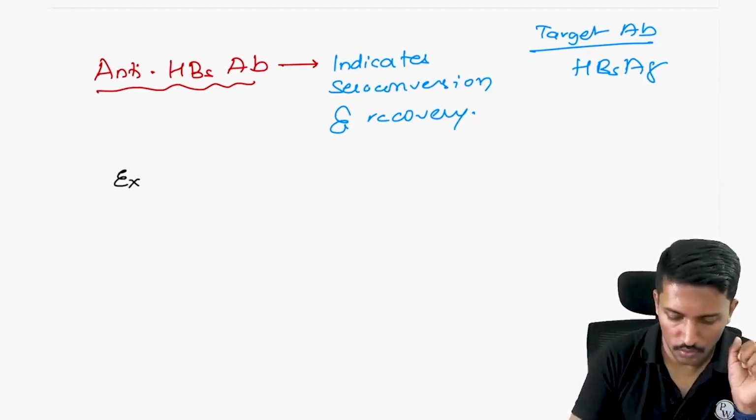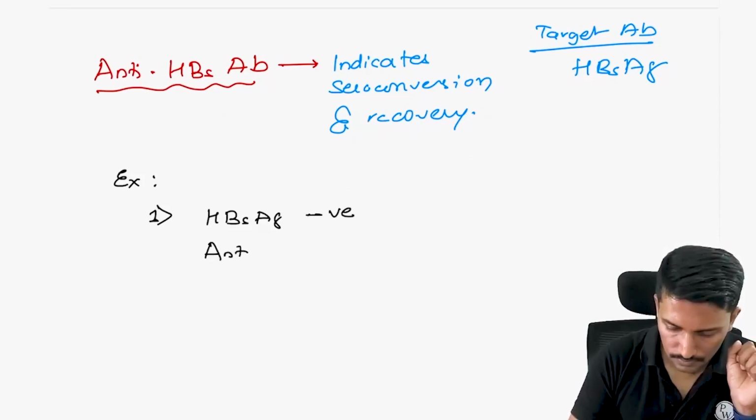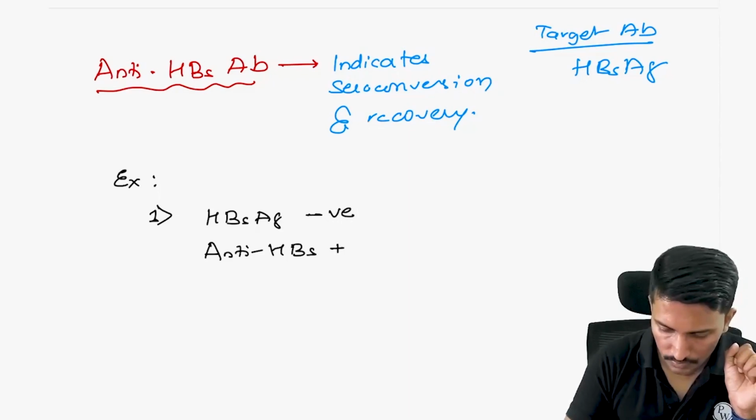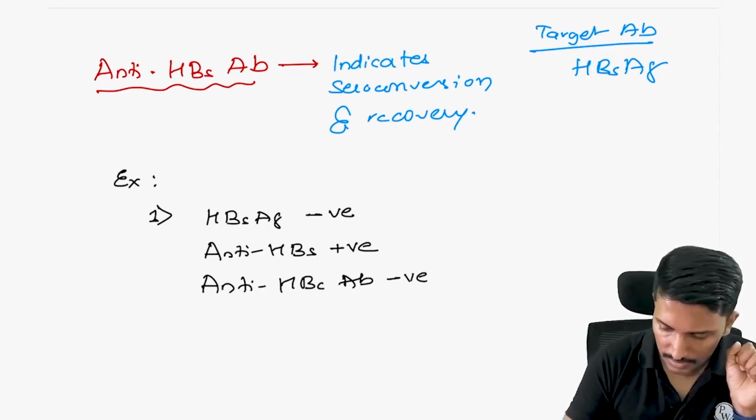You tell me how you would label those patients. So first example, I have a patient who is having HBsAg negative, anti-HBs positive, and anti-HBc antibody negative.